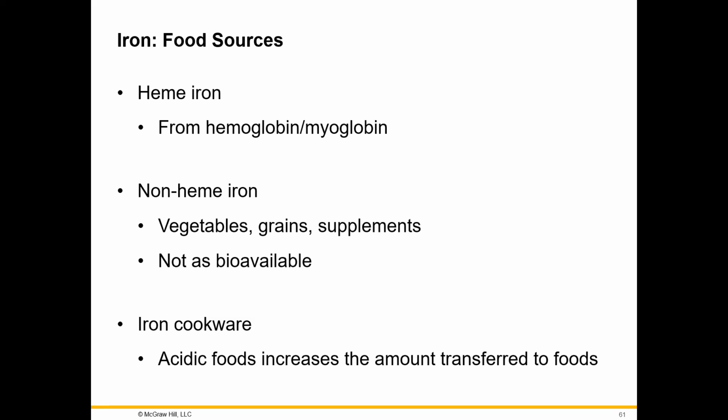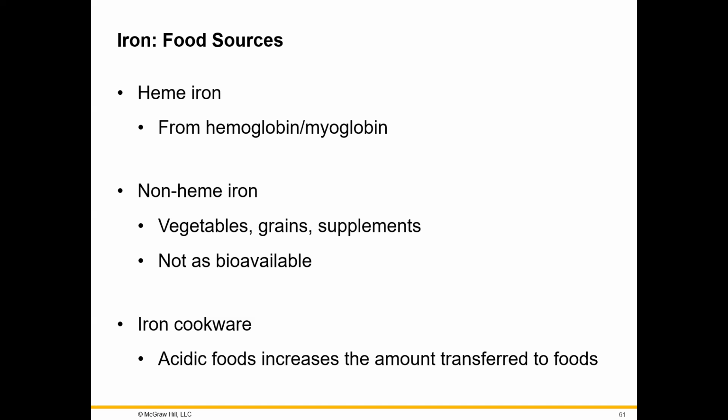And it's well regarded for its high bioavailability, meaning it's more easily absorbed and used by the body compared to non-heme iron. Non-heme iron is found in plant sources like vegetables, grains, and nuts, as well as in iron supplements. But non-heme iron is less bioavailable. It means the body absorbs and utilizes it less efficiently than heme iron, but it's still a vital source of iron for individuals who do not consume meat.